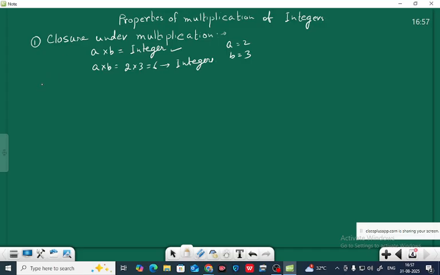Next one is commutative property of multiplication.